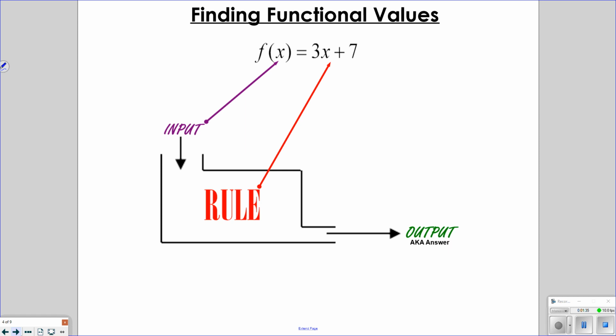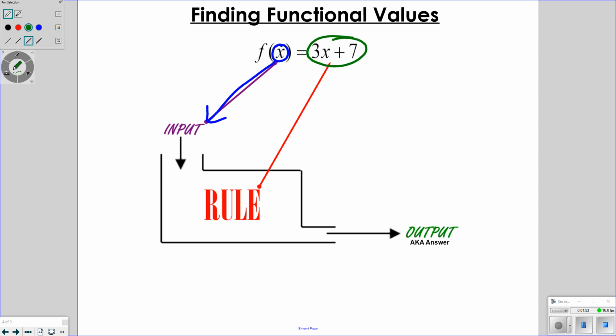Next up, we have to talk about what an input, a rule, and an output look like. So our input is what we are plugging in. So in this case, we are plugging in an x. So that is our input. The rule is this stuff right here. So it is whatever the rule is. In this case, it would be a 3x plus 7.